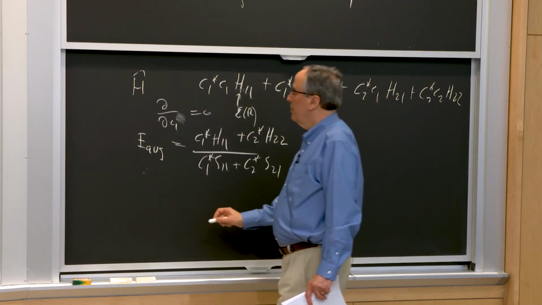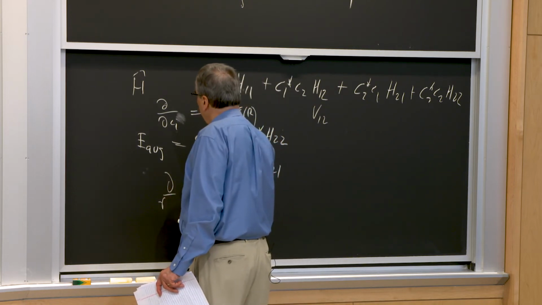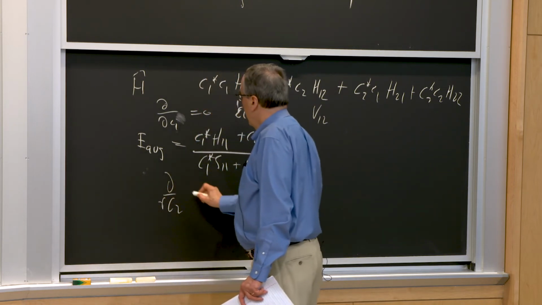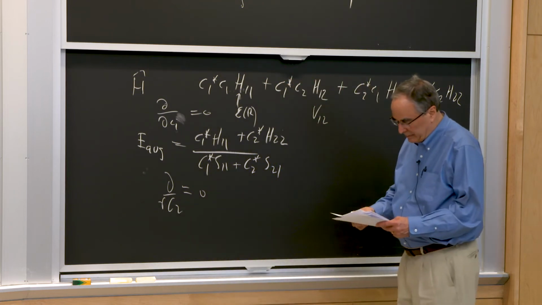And so we could also do the same thing, taking the partial derivative with respect to C2 and setting that equal to 0. And we get another equation.